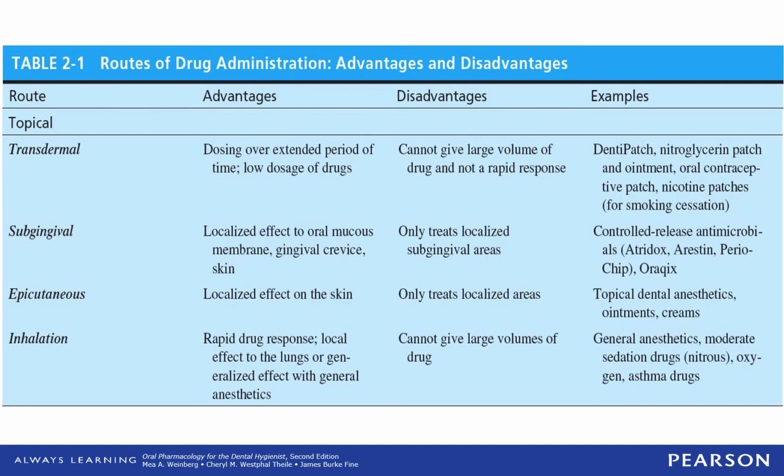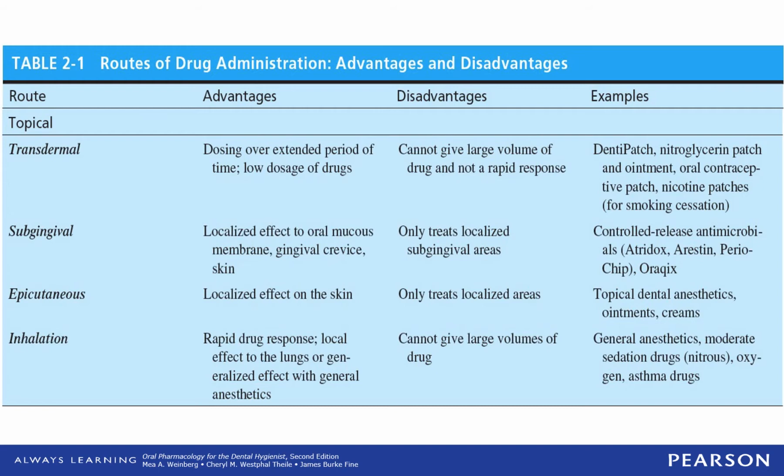And as you can see in the first column, it names the different routes of administration. The second column is the advantages and disadvantages, and the third column gives you examples. So just remember, the transdermal is a dosing over an extended period of time and low doses of the drugs. And it cannot be given in large volumes of drugs, and it's not a very rapid response.